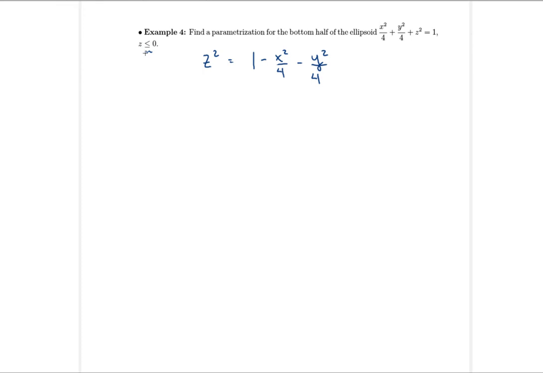So I'm going to first say that z squared is equal to 1 minus x squared over 4 minus y squared over 4. Now, because we only want the bottom half of the ellipsoid, I can go ahead and take the square root of both sides and then only pick the bottom one. So I'd say z is equal to the negative square root of all this.